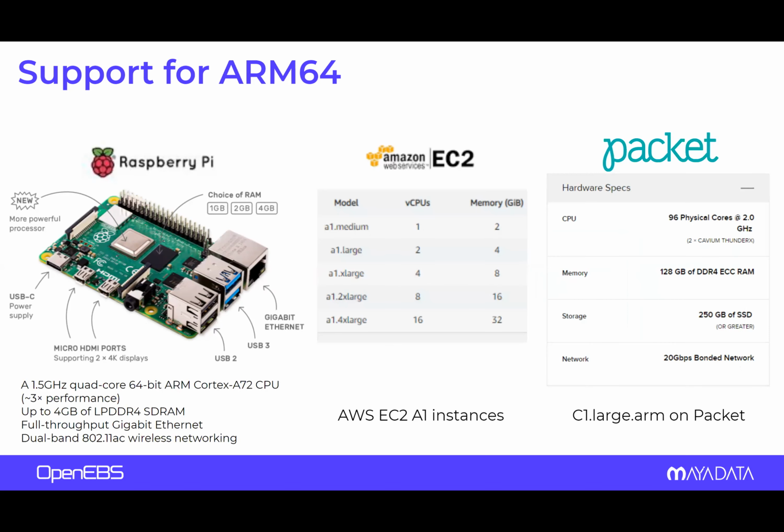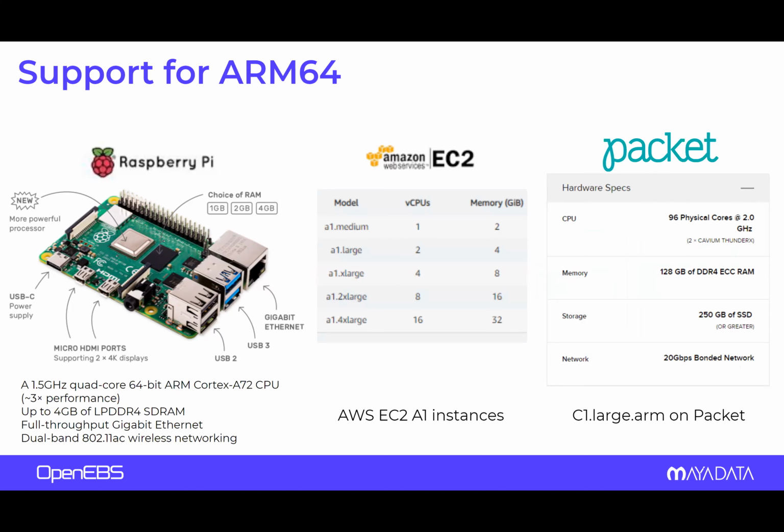Again, another feature, as an example of a new platform: we have seen quite a bit of usage of especially local PV and Jiva on ARM, and are now releasing container images built for ARM64 architecture.